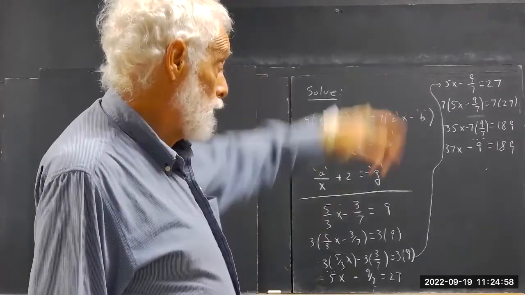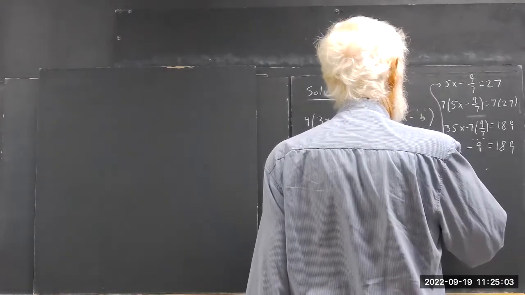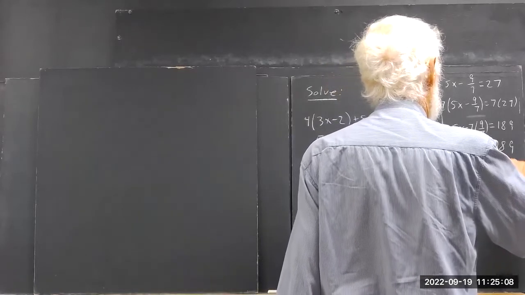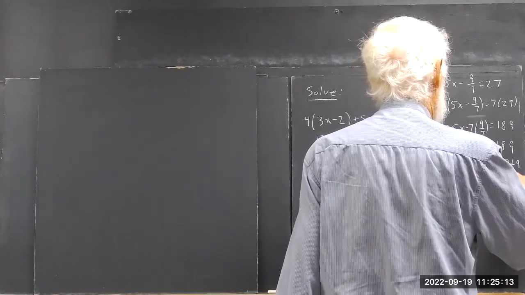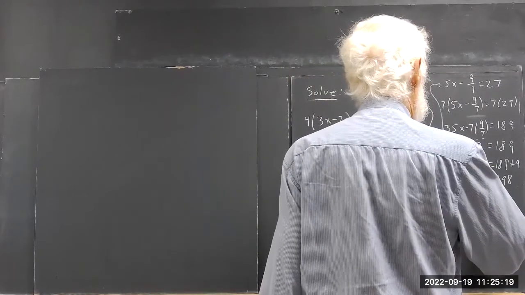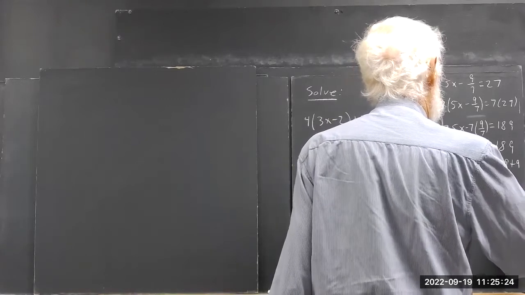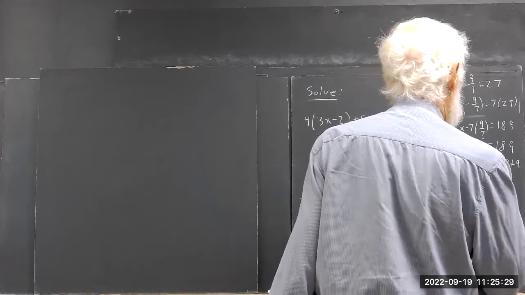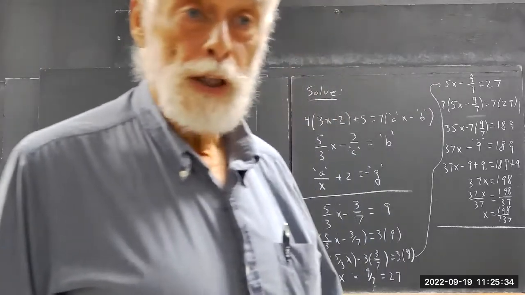Then 7x is 198. That's 198 over 137. Then you check.